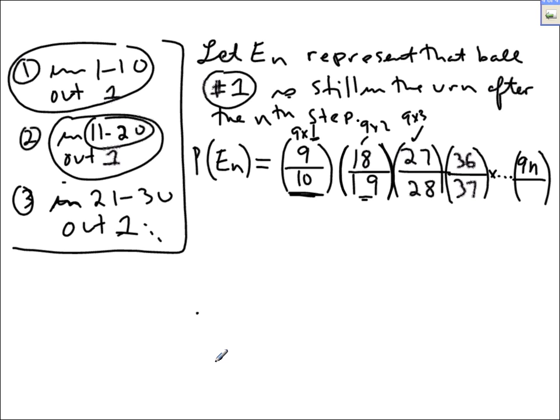This is going to be 9 times n, the nth step. And if you notice, whatever the numerator is, the denominator is 1 more. In the second fraction, the numerator is 18, the bottom is 1 more. Third fraction, numerator is 27, the bottom is 1 more. In the last step, the numerator is 9n, the bottom, I'm going to make 1 more. That is the probability that the ball remains after the nth step.